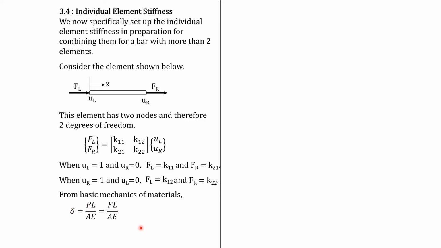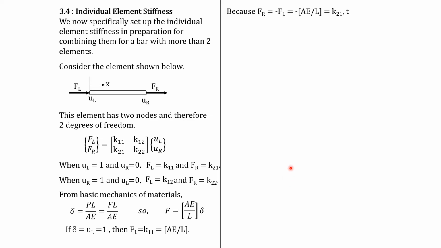Therefore, the stiffness of a bar is represented by AE over L. So in matrix form, if delta equals UL equals 1, then the force is equal to AE over L. So FL equals K11 equals AE over L if delta equals 1.